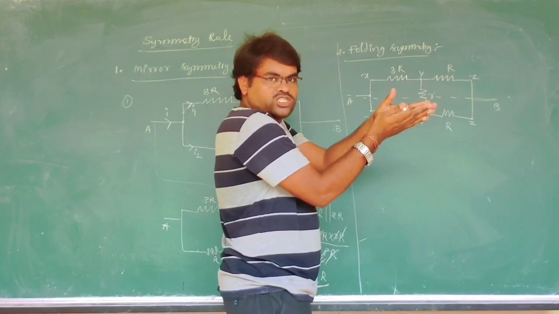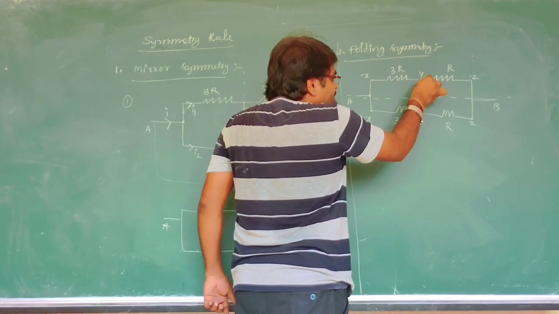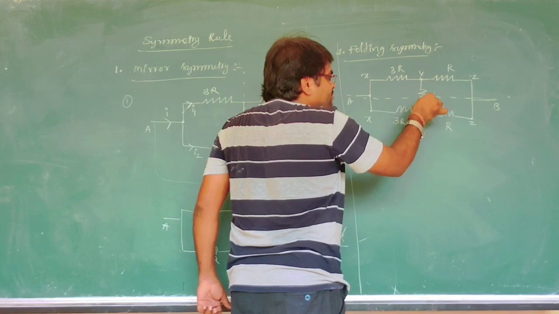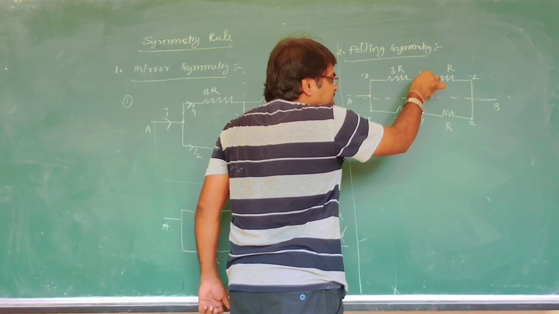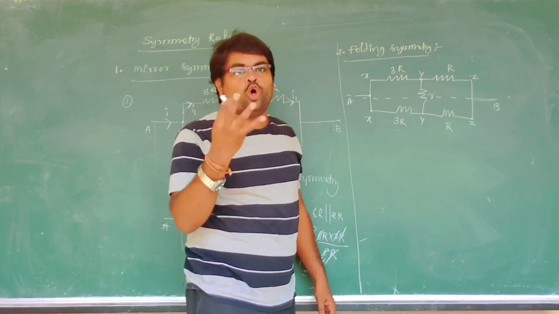These two are joined to the same place. But here the potential will be the same. Potential will be the same means the current does not flow.